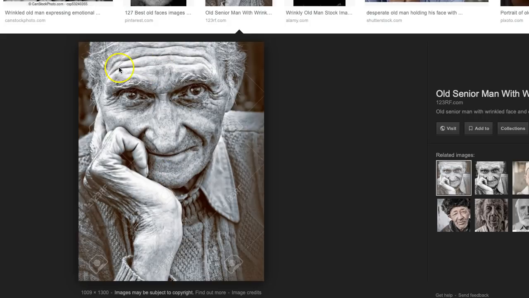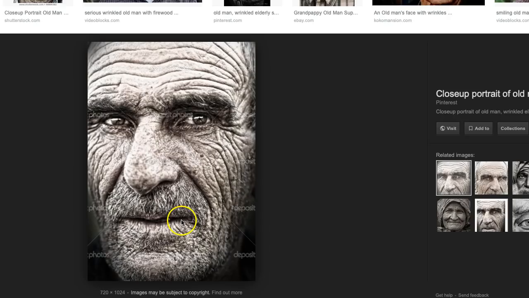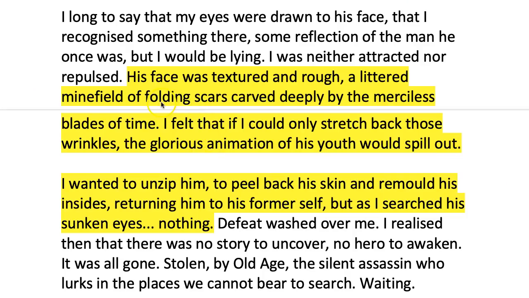It gives us the idea of these sorts of really deep wrinkles that overlap each other. It's just fabulous. Or perhaps visually it gives you more of an image like this, folding scars. I just love that phrase. Never heard it before. Now if we go back to the idea of redrafting, we can see this description where the scars are a littered minefield. Now that doesn't work visually.